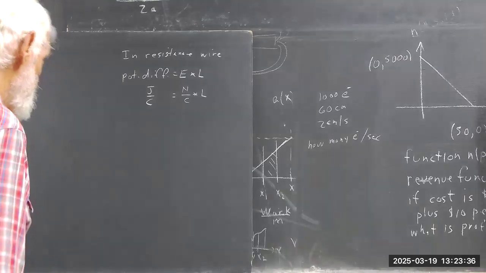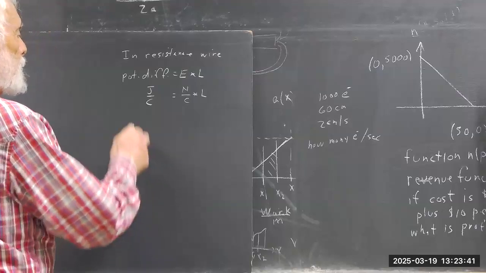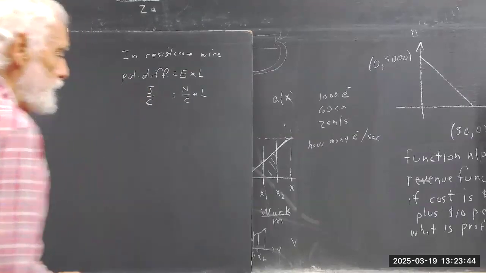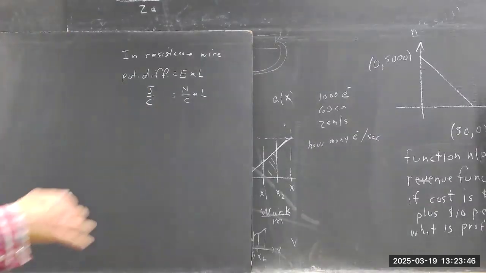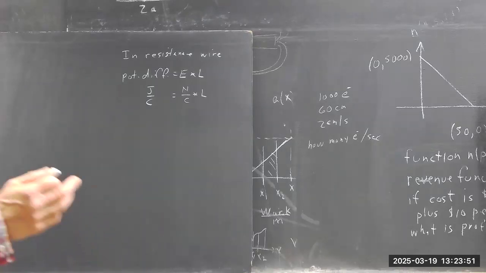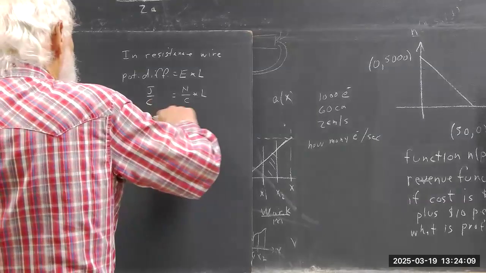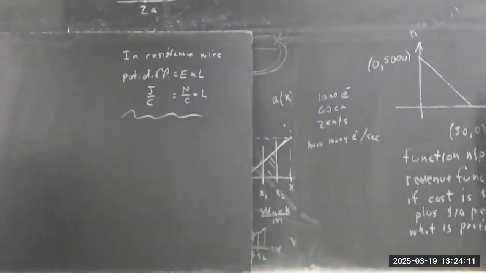So potential difference is just a measure of the energy it takes to move a coulomb from one point to another. Or the work done by the field as you move from one point to another, depending how you set it up. Make sense? Remember this? You thought about this? Can you relate it to things that we've seen in lab? Well, you want to think about it.